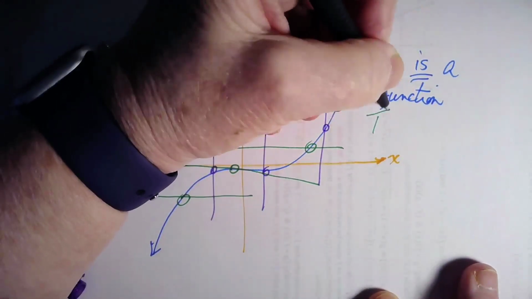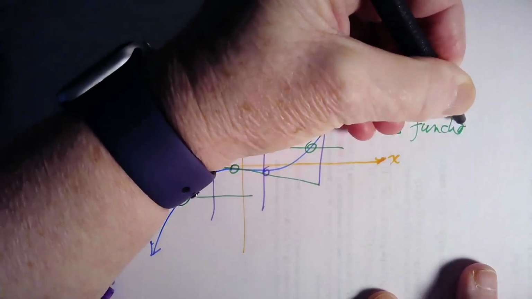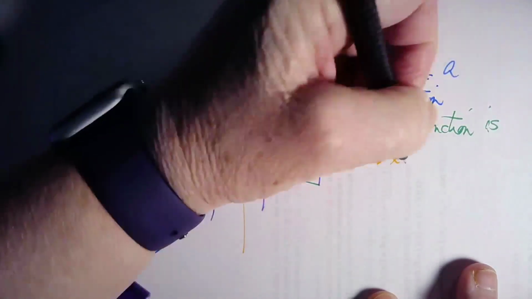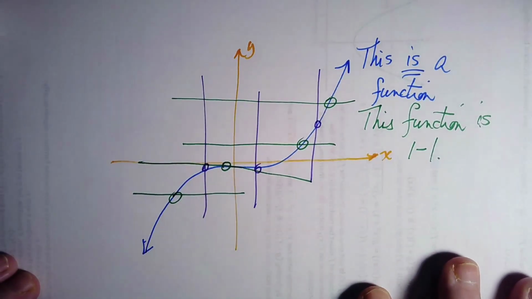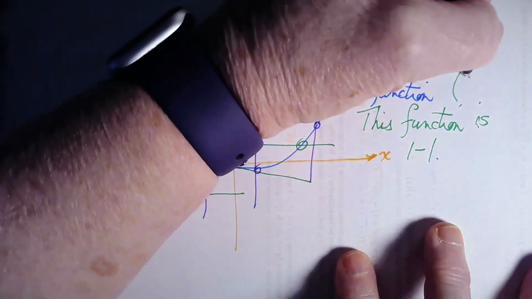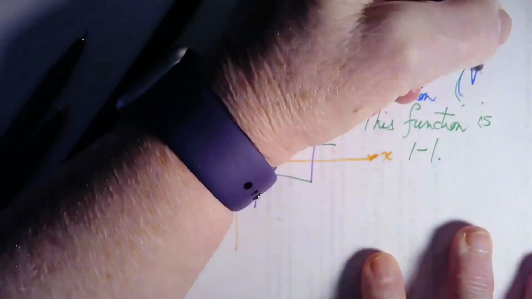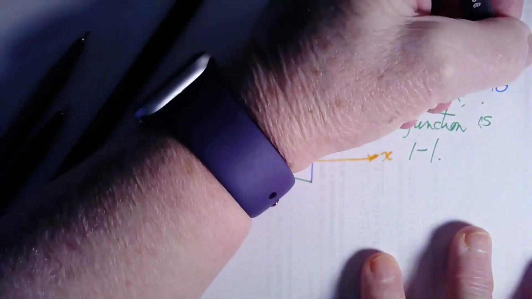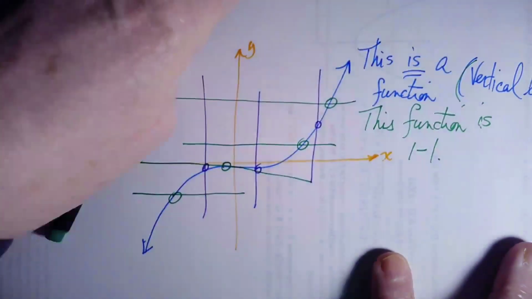And so this function is 1-to-1. So vertical lines for functions and horizontal lines for 1-to-1.